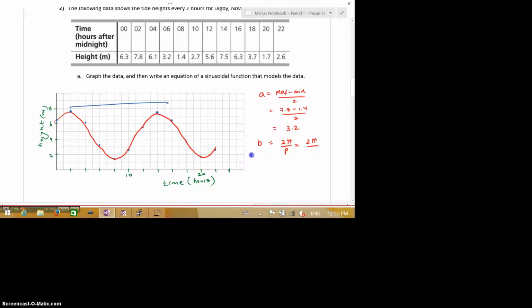If I look at the distance between them, what's the distance between them? How many hours? 1, 2, 3, 4, 5, 6, 7, 8, 9, 10, 11, 12 hours. So period is 12 hours, right? So 2 pi divided by 12 gives me pi over 6.